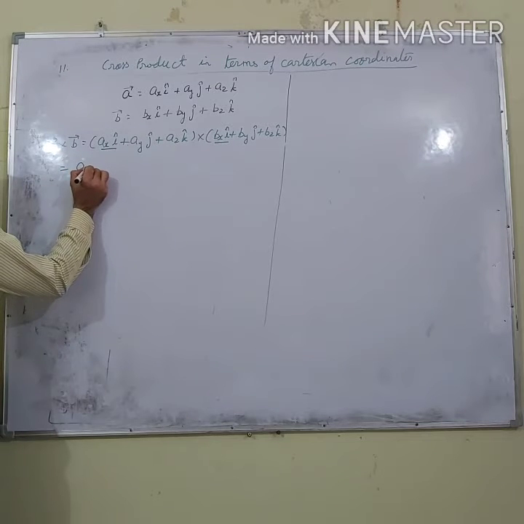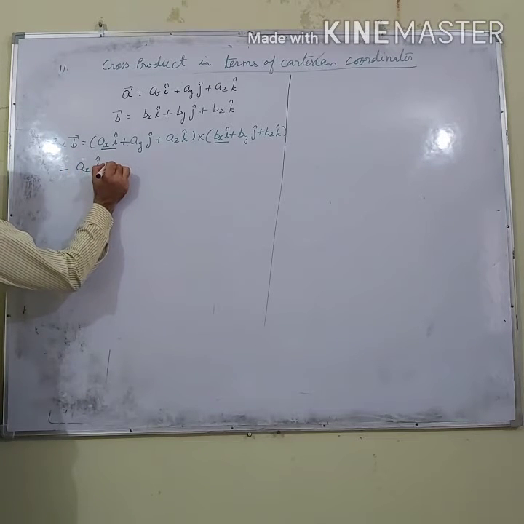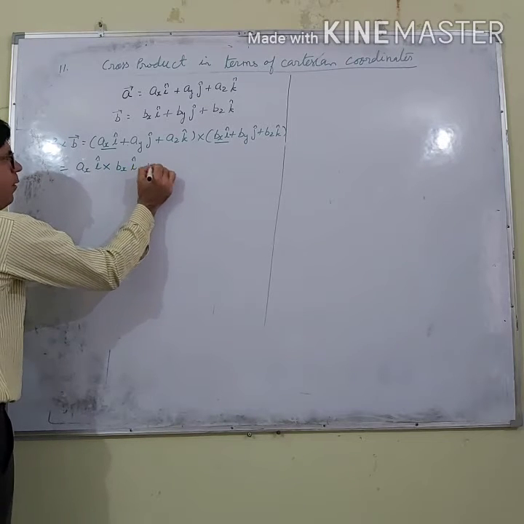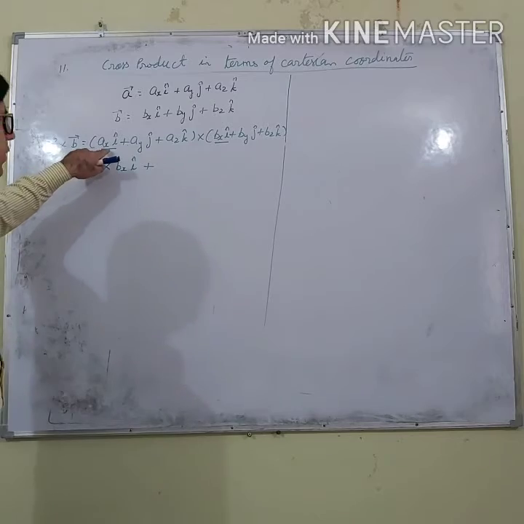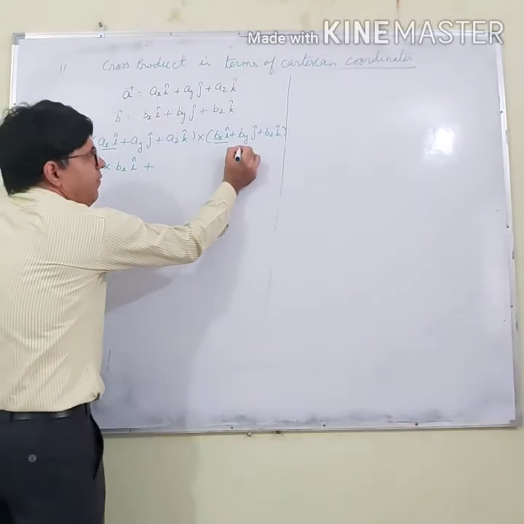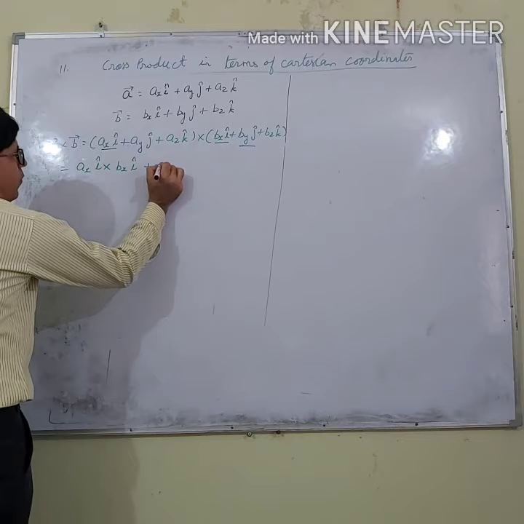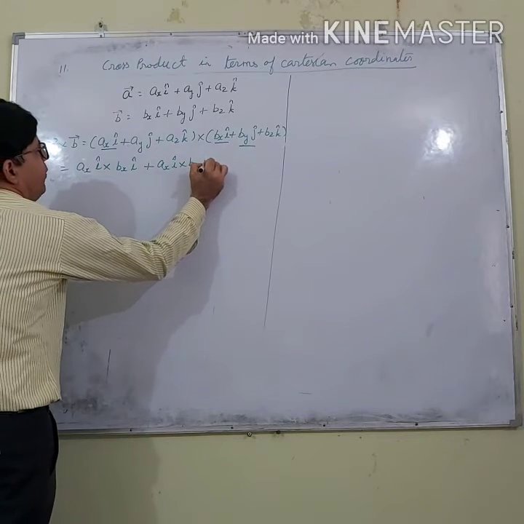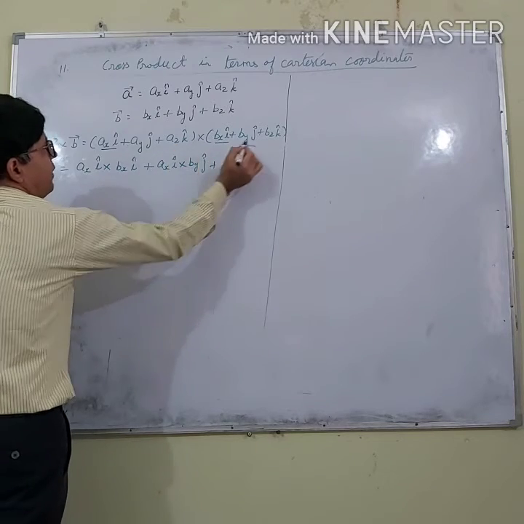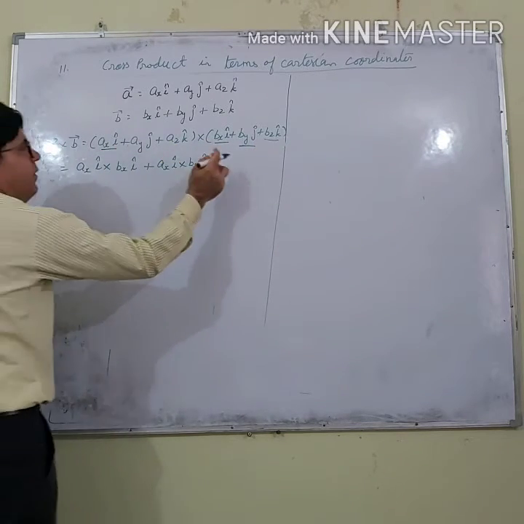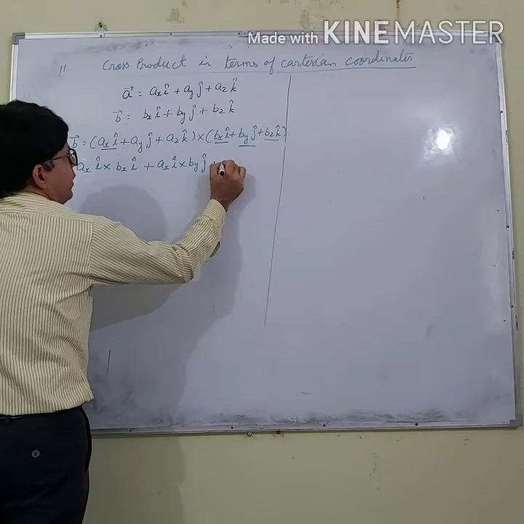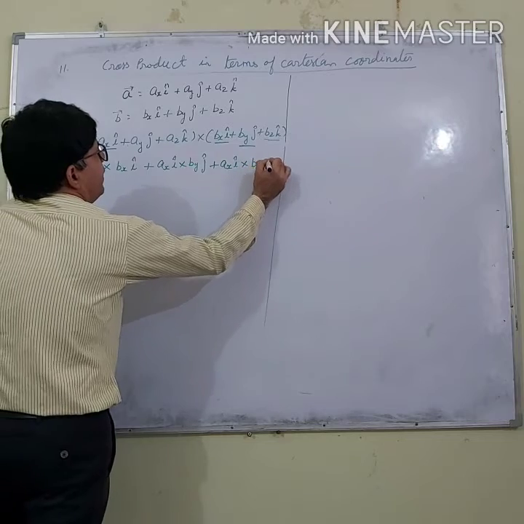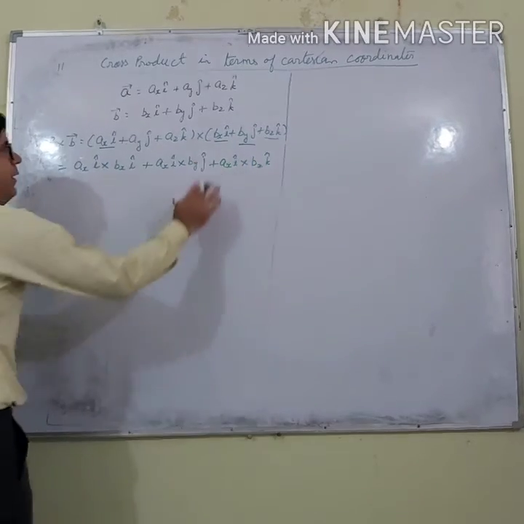It can be written as AX i cap cross BX i cap, plus AX i cap cross BY j cap. After that I will multiply AX i cap with BZ k cap, so AX i cap cross BZ k cap.